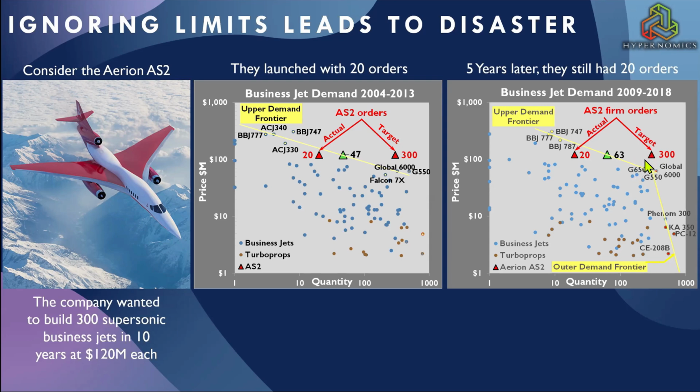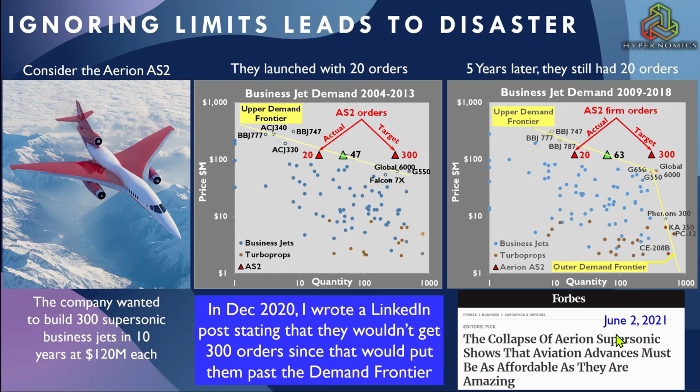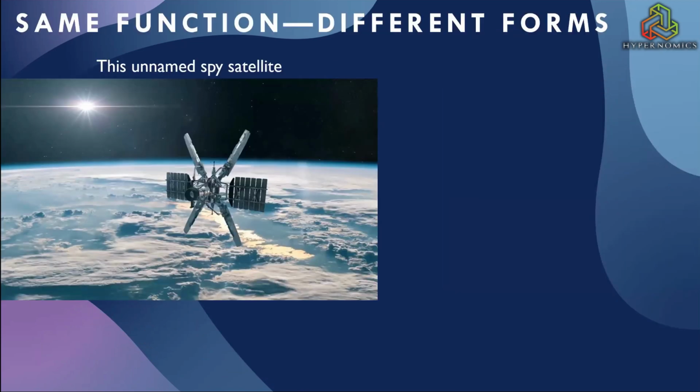Now, this wasn't a 1 in a trillion shot, this was 1 in 40. So in December 2020, our LinkedIn piece said they wouldn't get the 300 orders, since that would put them past their demand frontier. And then 6 months later, they collapsed. So all that's by way of saying that this demand function is pretty useful.